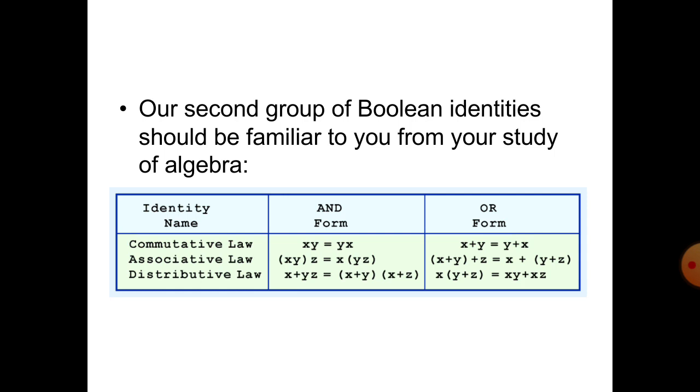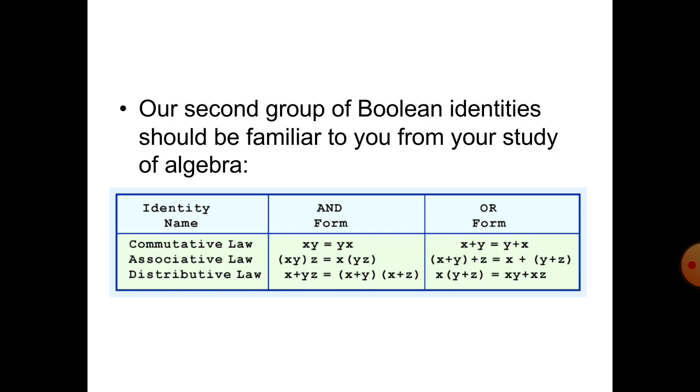Associative law: x dot (y dot z) equal to (x dot y) dot z, and x plus (y plus z) equal to (x plus y) plus z.